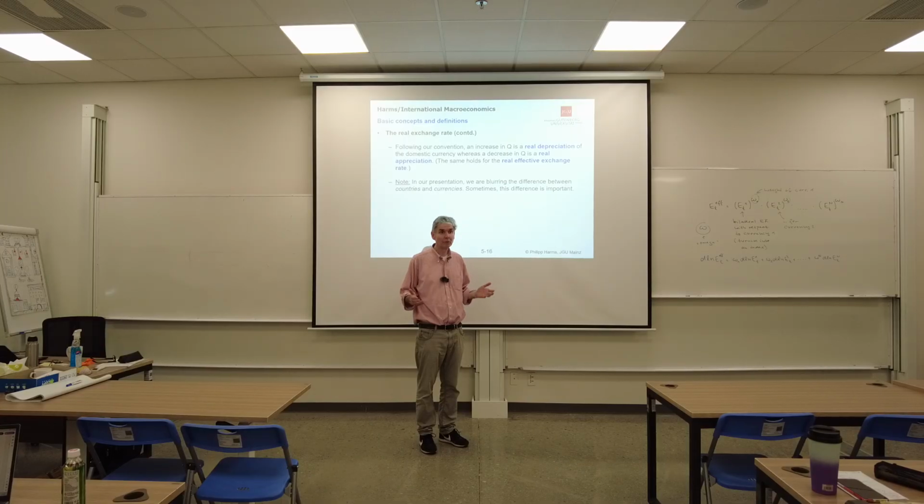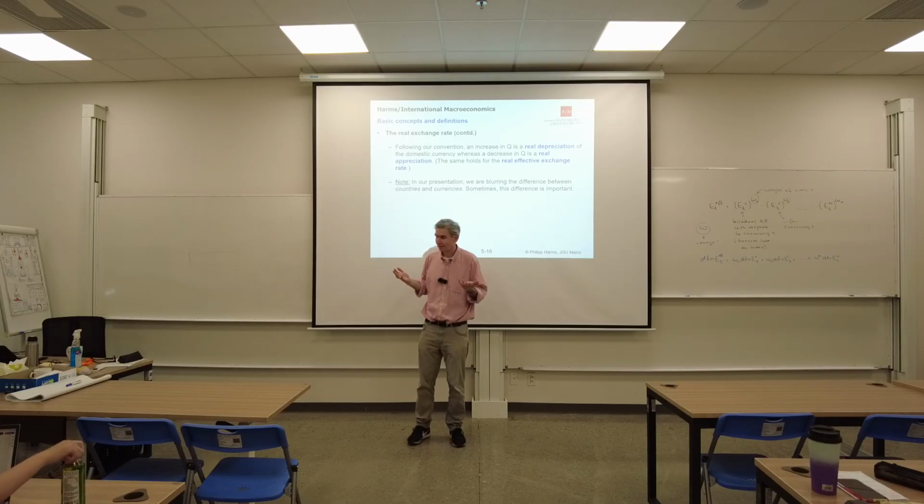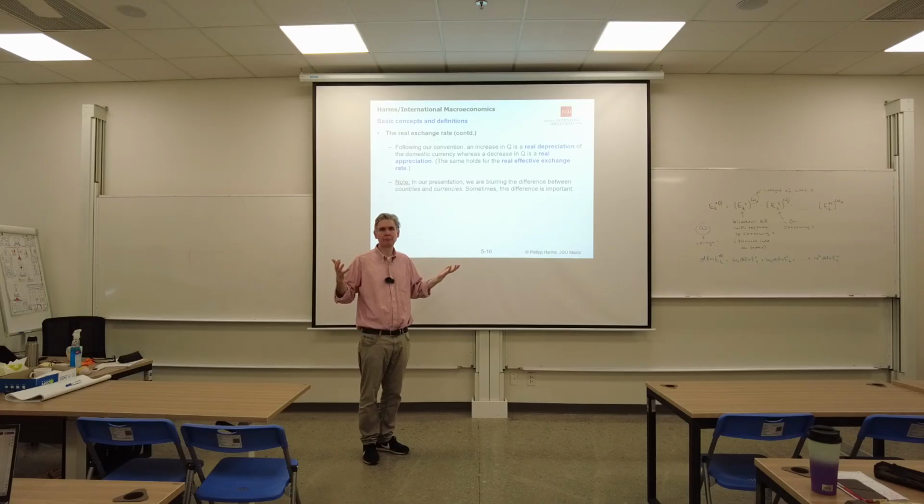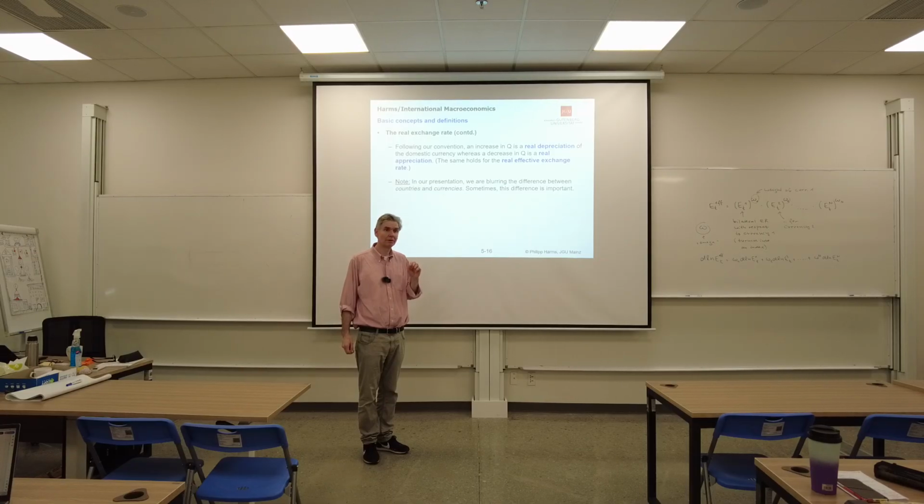Now, the funny thing is, when you talk about the nominal exchange rate of Germany vis-a-vis France, it's very simple. It's 1, because we have the same currency. How many German euros do you pay for 1 French euro? 1. What about the real exchange rate? Now, the real exchange rate is not necessarily 1, because we have different price levels. So there's a within euro area real exchange rate.